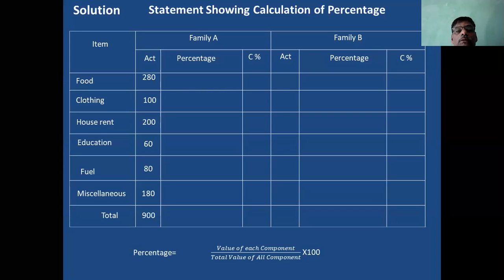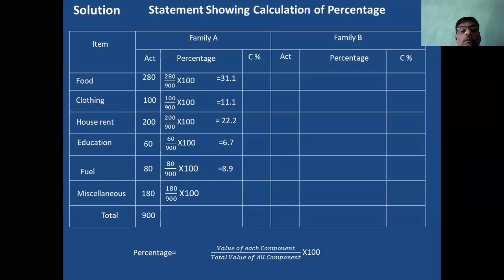You will get the percentage. First, 31.11. Second, 11.11. Third, 22.22. Next, 6.7. Next, 8.9. Then 20%. The last total must be 100. Total percentage must be 100.